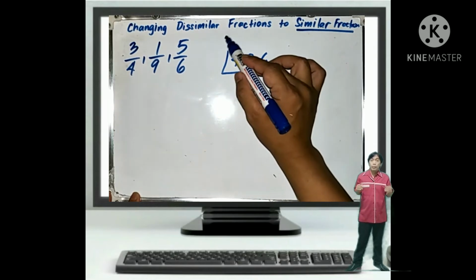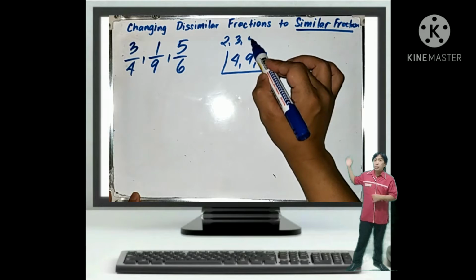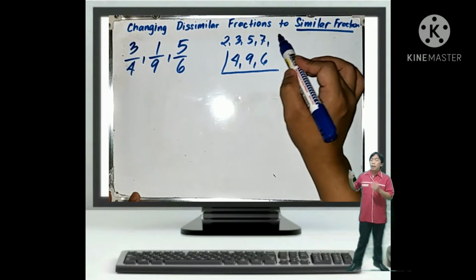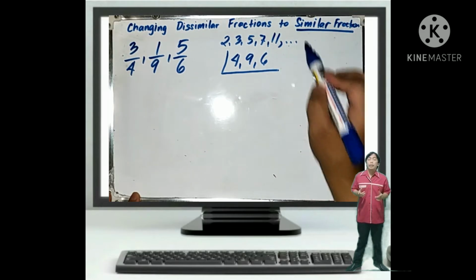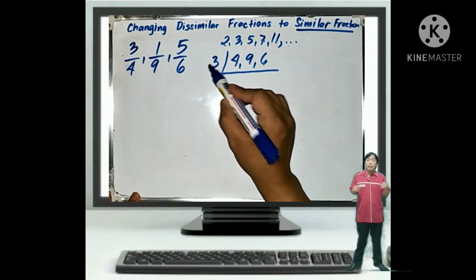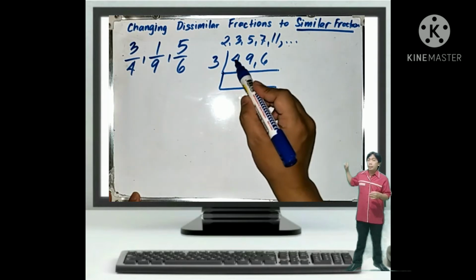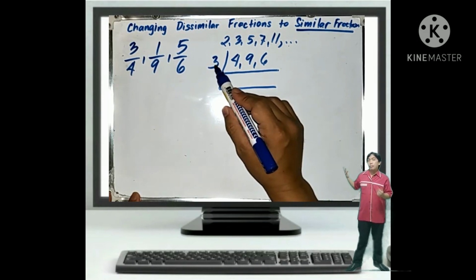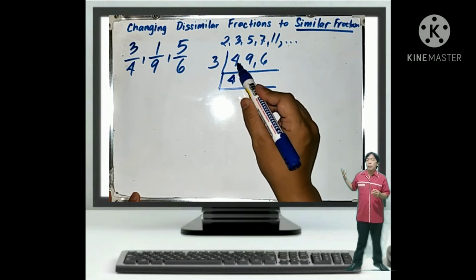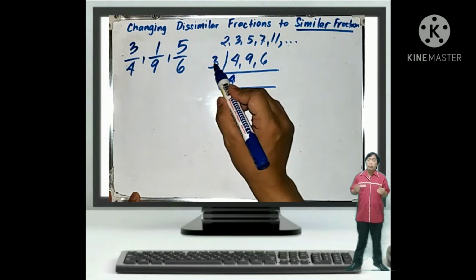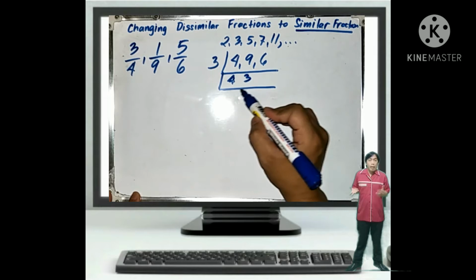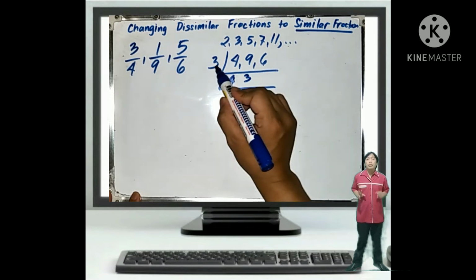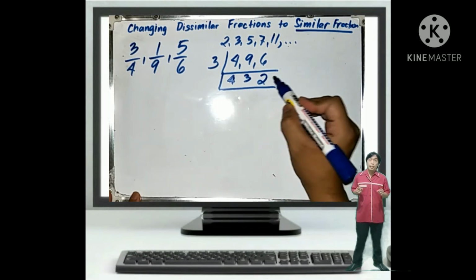Remember that the prime numbers are 2, 3, 5, 7, 11, and so on. So I'll be using 3 here. Since 4 divided by 3 cannot be, I'll be copying 4. 9 divided by 3, the answer is 3. 6 divided by 3, the answer is 2.